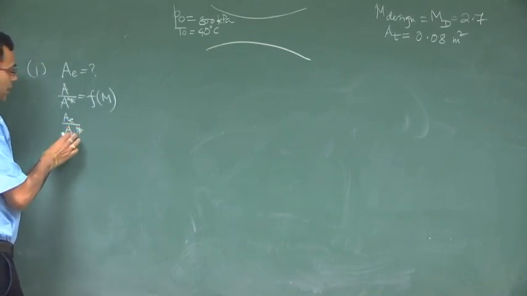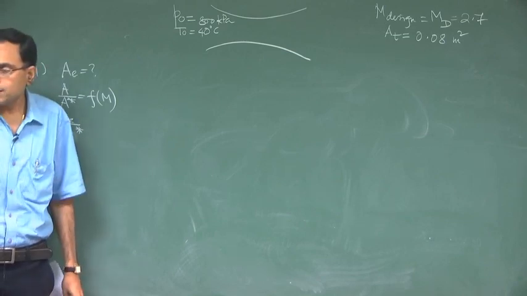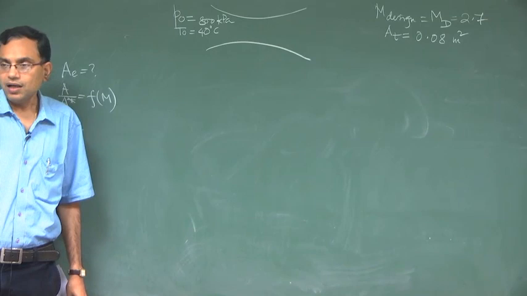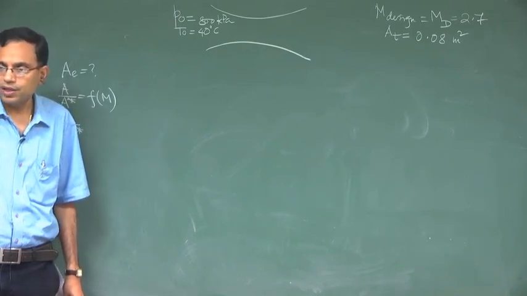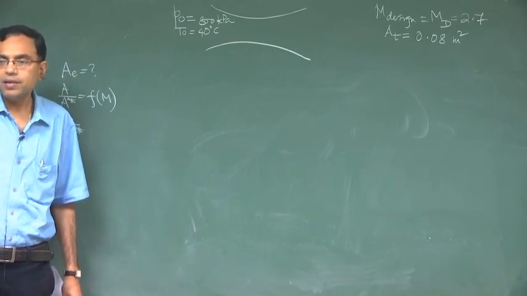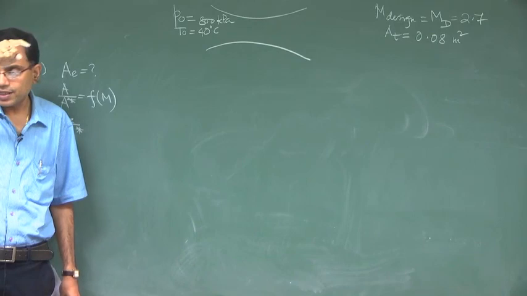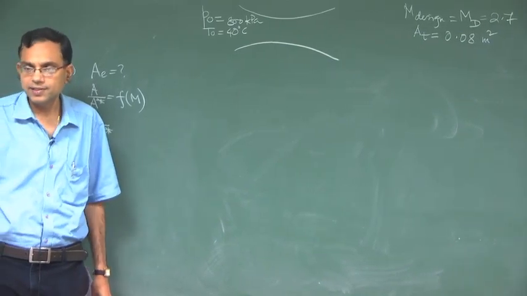What will be A star? A star in that case, when the design condition exists, the critical condition is at the throat where the Mach number is 1, then one solution goes where the pressure increases and the Mach number decreases, and another solution goes where the pressure decreases and the Mach number increases.